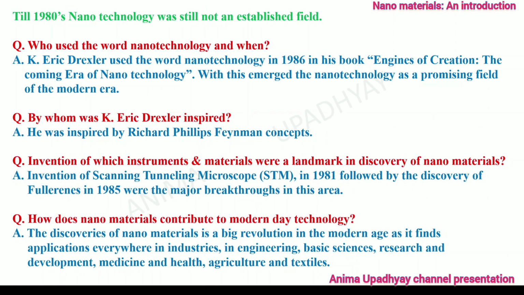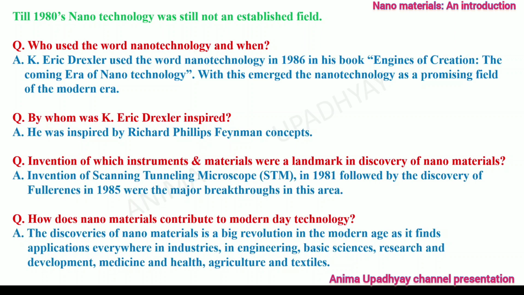Who used the word nanotechnology and when? It was K. Eric Drexler who used the word nanotechnology in 1986 in his book Engines of Creation: The Coming Era of Nanotechnology. With this, nanotechnology emerged as a promising field of the modern era, and therefore I have written at the top that till the 1980s nanotechnology was not an established field.